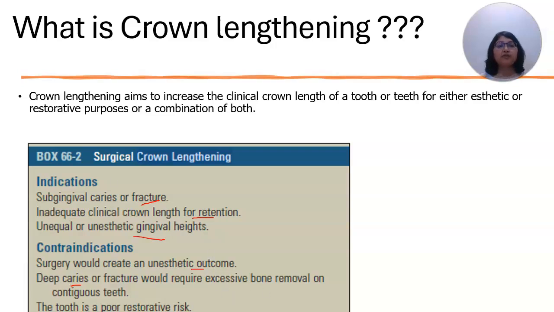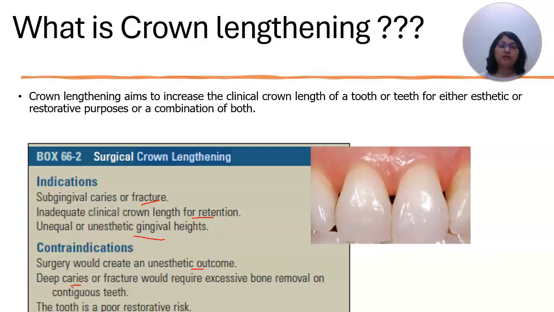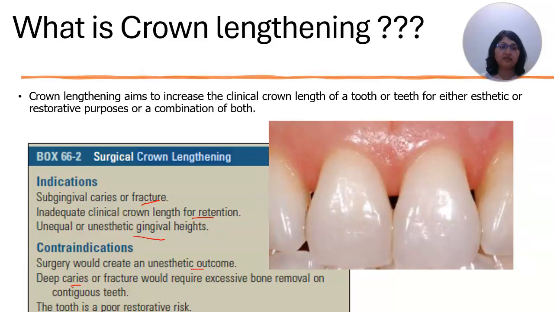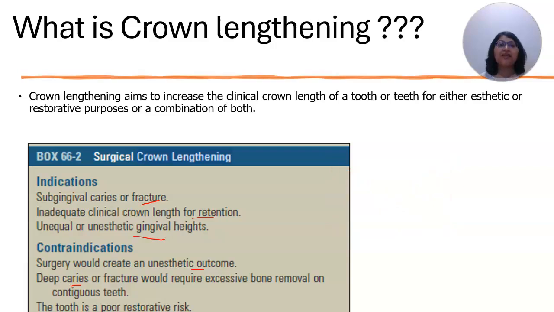It often happens that you would undertake the procedure, but if that procedure can cause recession, or can cause black triangles in the aesthetic region, or in the posterior region cause recession of that area, you would not want to do crown lengthening.